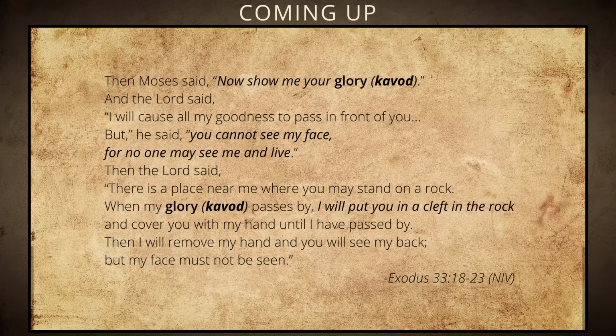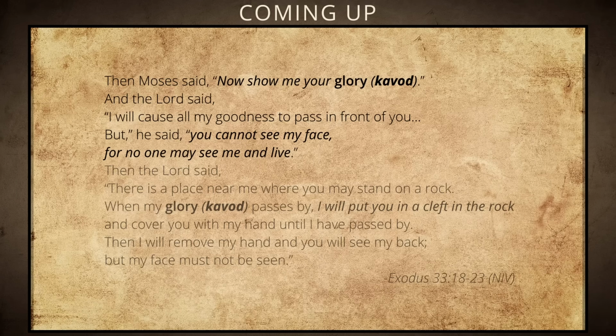When Moses asked Yahweh for the possibility to see this kavod, Yahweh says to him, you cannot stay in front of the kavod, because if you are in front of the kavod, you die. And so that is important.